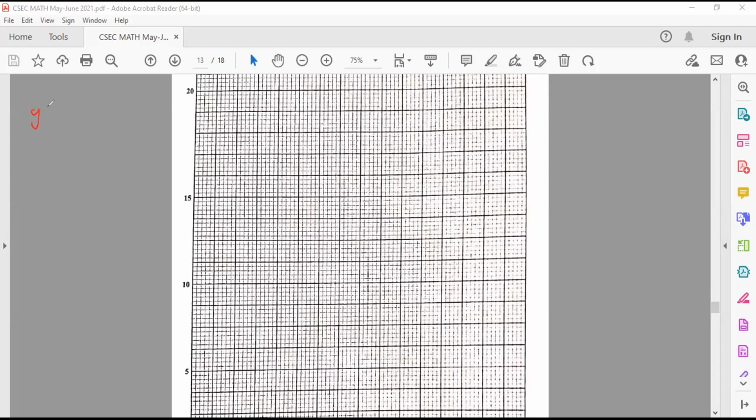y is less than or equal to negative 0.75x plus 15. I'm going to take the constant. Remember that c is equal to the y-intercept.